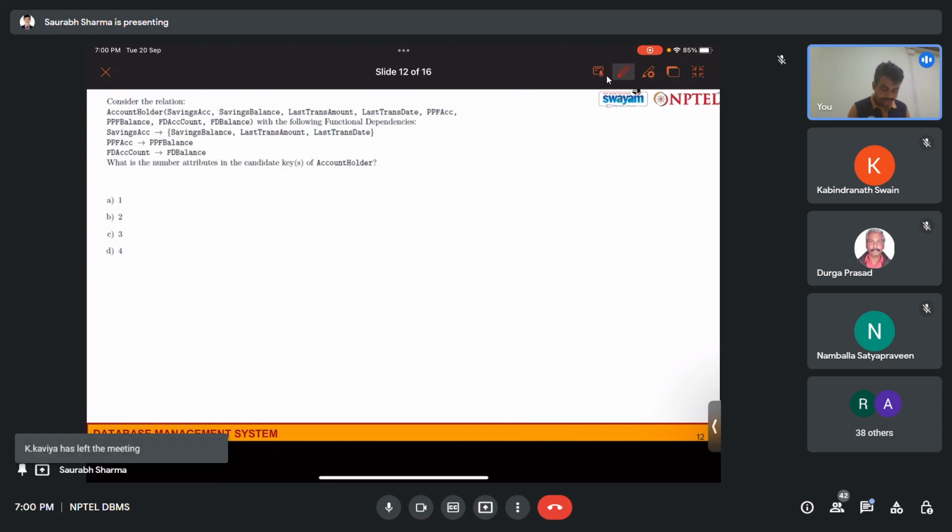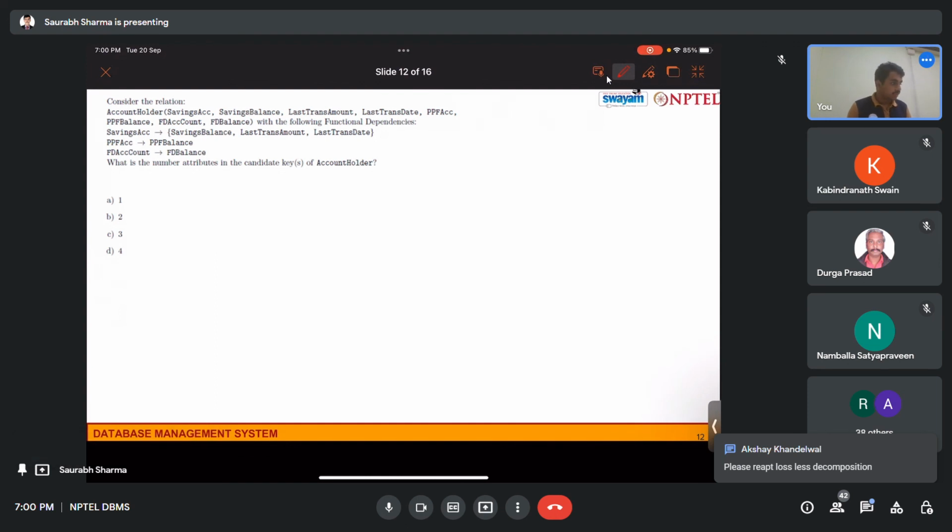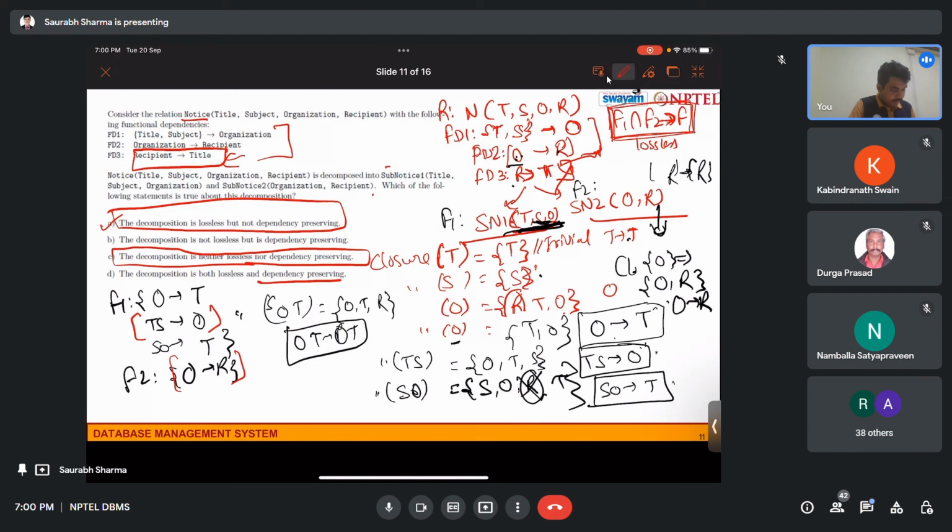This is telling about lossless decomposition. For lossless decomposition, if we decompose any relation into any number of sub relations, consider there is f1 and f2, like in this case.